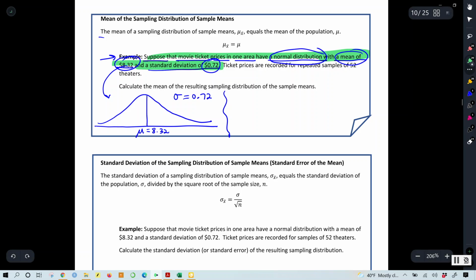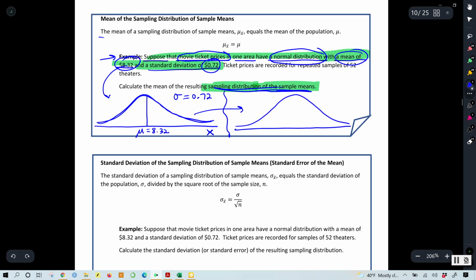The requirement is that we should derive the sampling distribution of the sample means. Take note, in the parent distribution, our X represents movie ticket prices, whereas for the sampling distribution of the sample means, since we're starting off with a normal distribution, we can only derive a normal distribution. This is the distribution of the sample means, which is X bar.